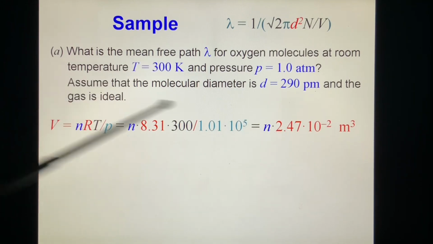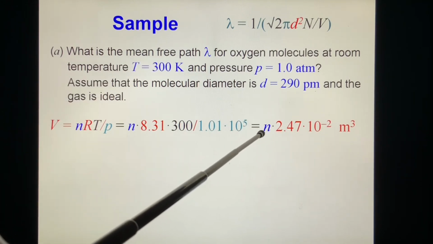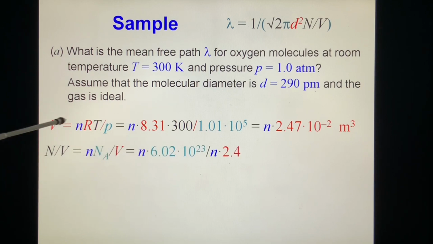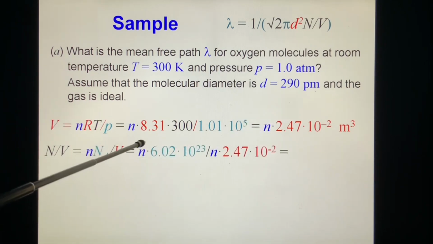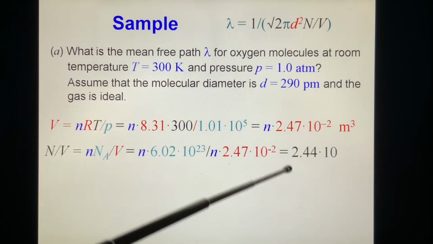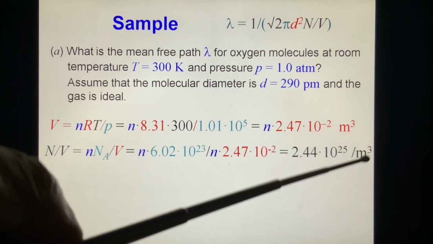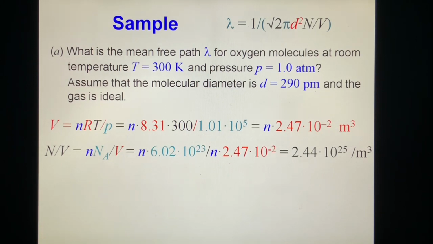So V is proportional to the number n. N over V, what is N? N equals the molar number times Avogadro's number. Put this in, we cancel the n, and we get N over V is 2.44 times 10 to the 25 per cubic meter. Then we have everything to put in the numbers.